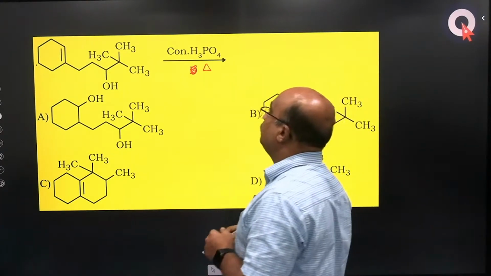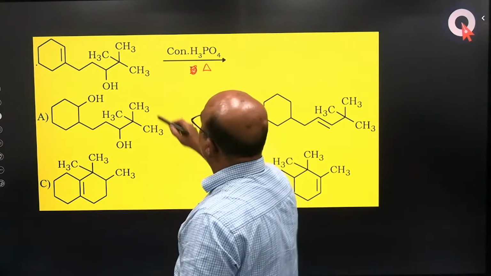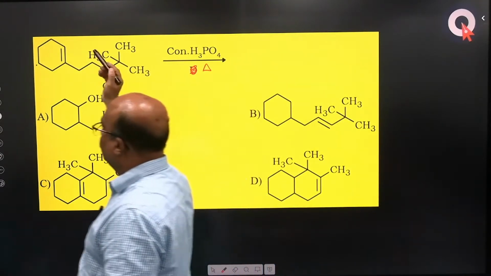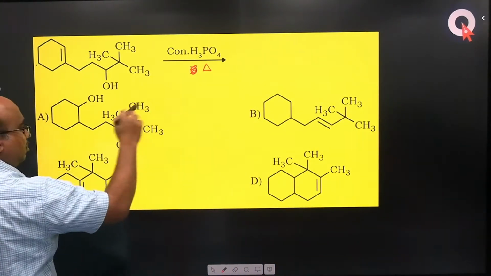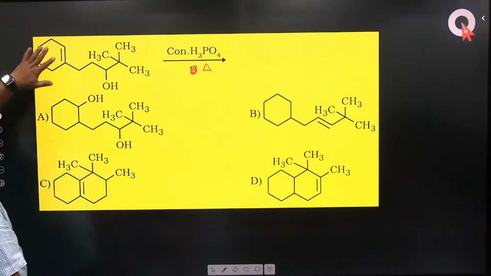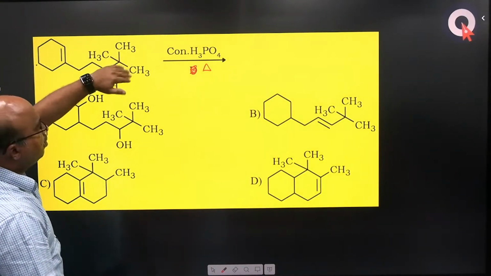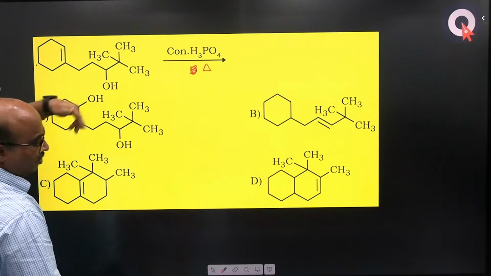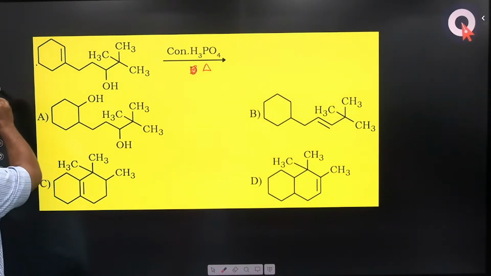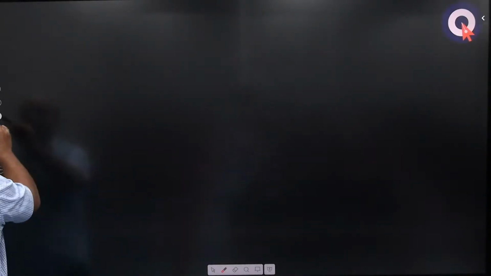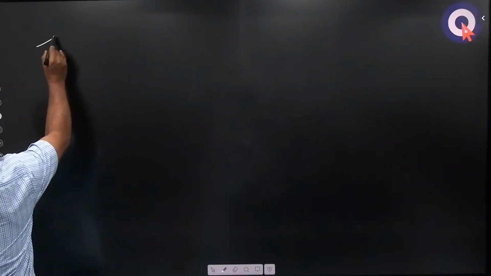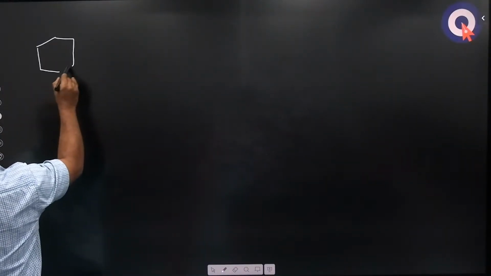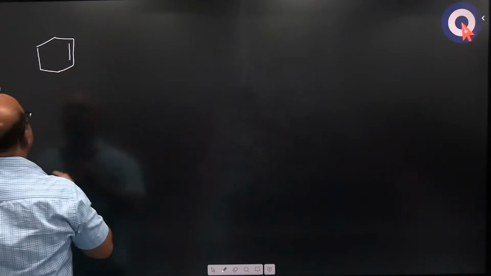So what we see? First, H plus reacts at this. So we just write it, and then we will come back to this and see. We completely transfer this molecule into the next page and we will see the mechanistic path. So we have a 6-membered ring with a double bond here.